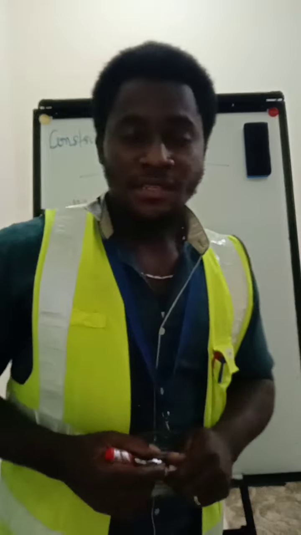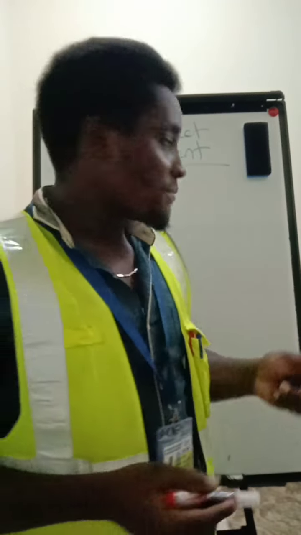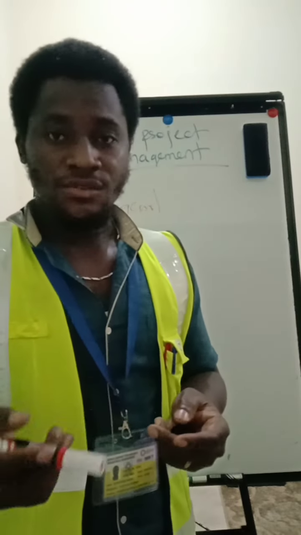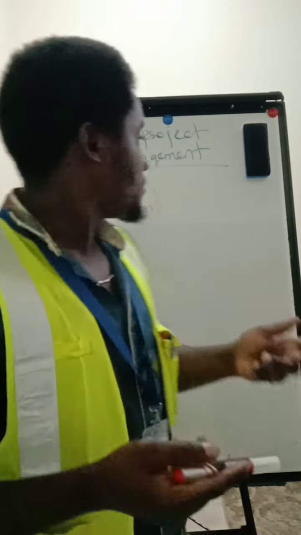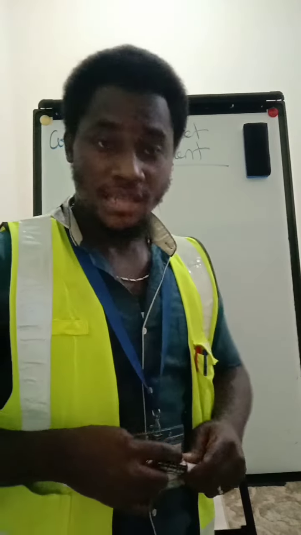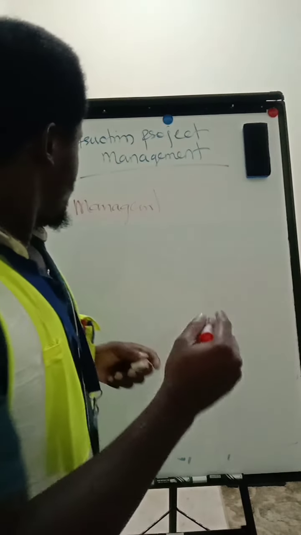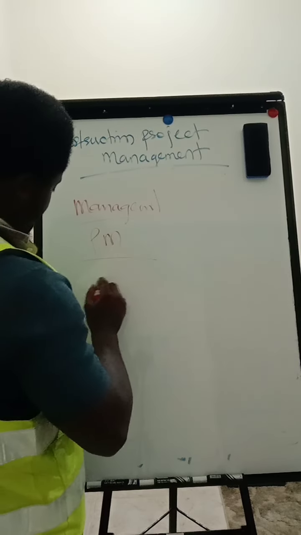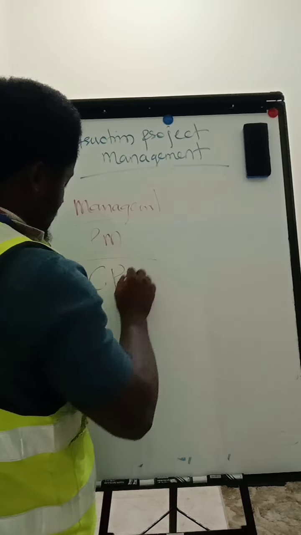I'll also define project management, as per the Project Management Body of Knowledge, as the application of knowledge, skills, tools, and techniques to project activities to meet the project requirements.